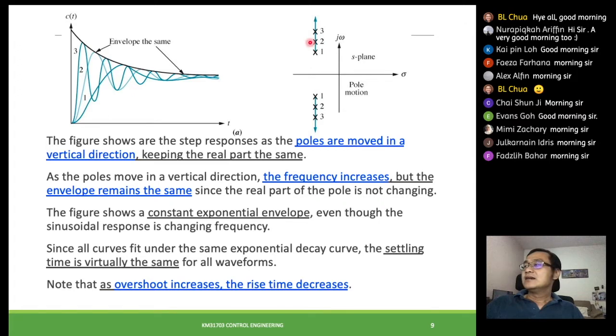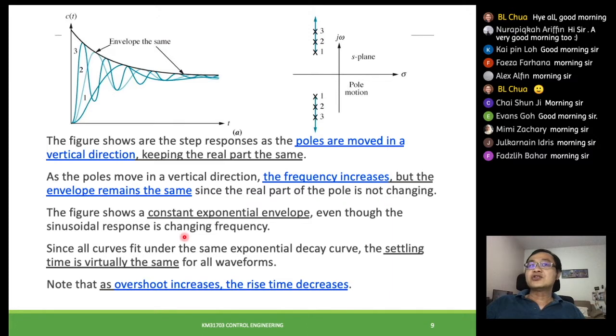When this is shifted up, we are maintaining the real part, the real value remains the same, only the imaginary value differs, and because of that the frequency increases due to the vertical shift, but the damped envelope remains the same. So you can see that the envelope remains the same, but the frequency increases from 1 to 3 when we shift these positions.